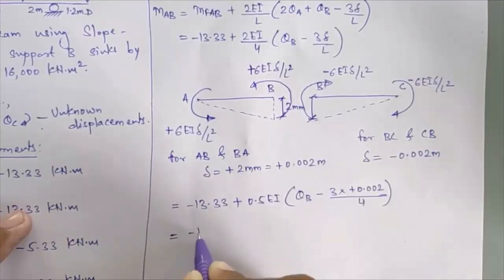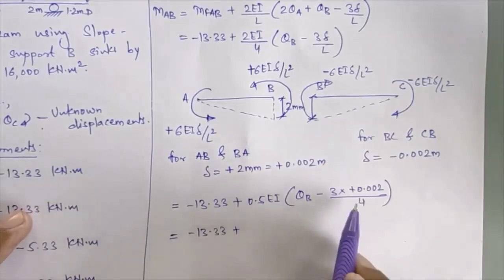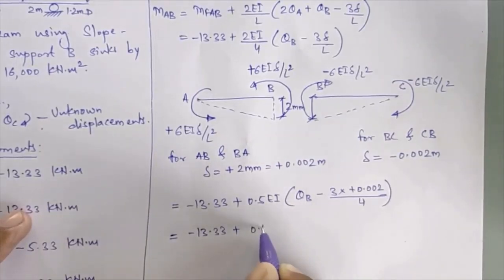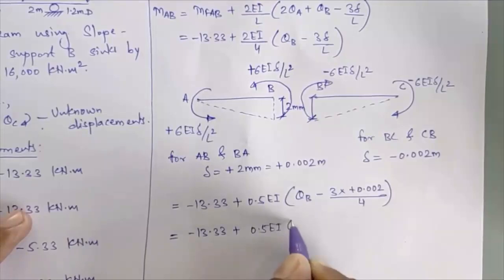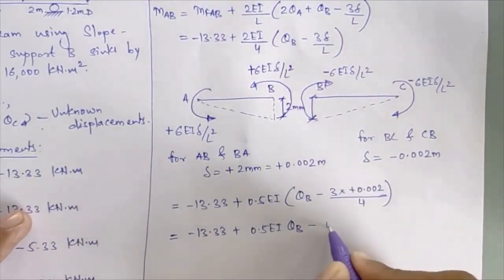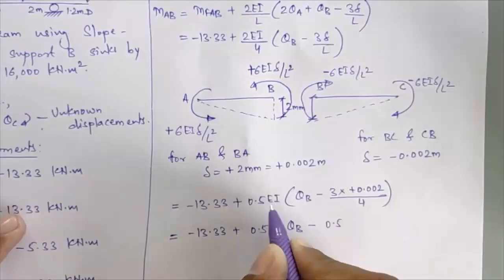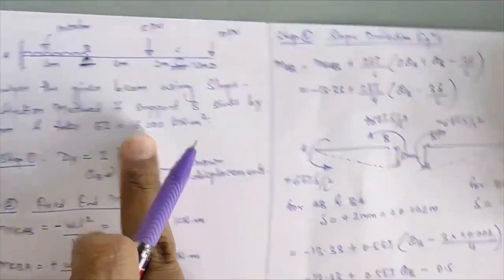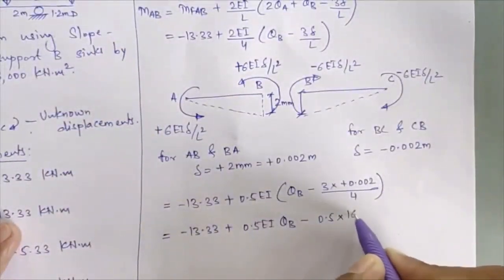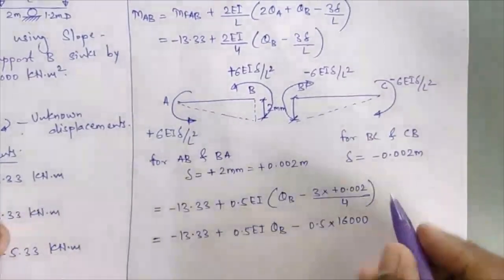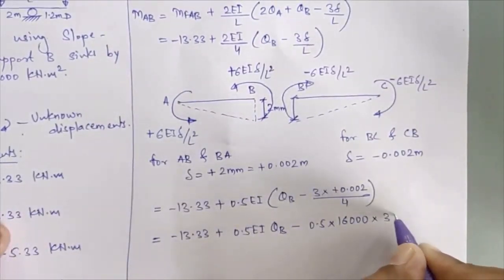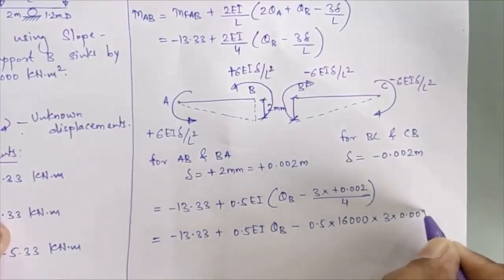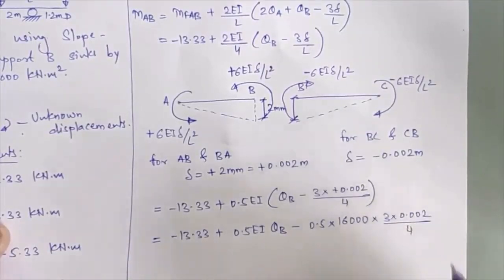What we'll get? Minus 13.33 plus, I'll multiply this 0.5 EI inside the bracket terms, so I'll get 0.5 EI into theta B minus 0.5 into EI value, which is given as 16,000, that I'll substitute over here, into 3 into 0.002 divided by 4.